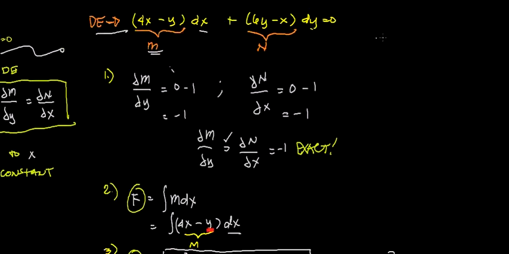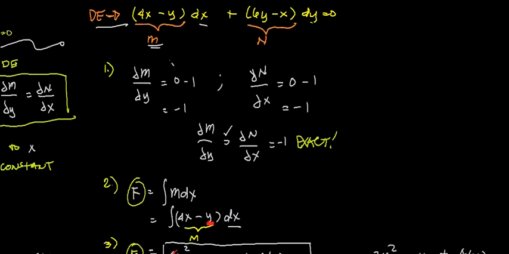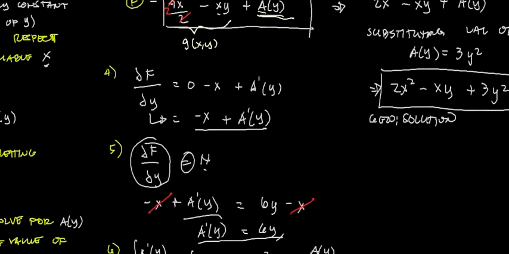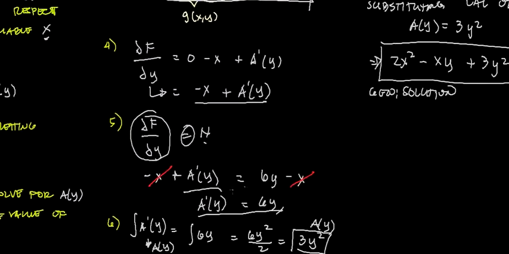So, as you can see, we integrate this part and then we take the partial derivative with respect to y of this part and then we equate that answer to N, to this other side. So we can now have the value of our A prime of y. Then to determine the value of A(y), we integrate again. The integral of this A prime, of course, we will have A(y) once again.